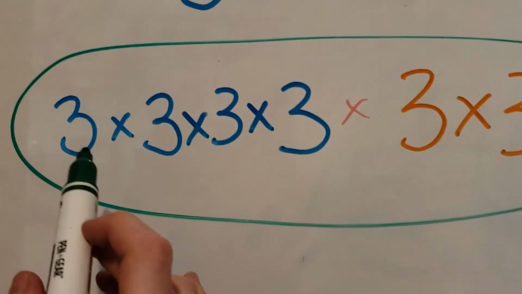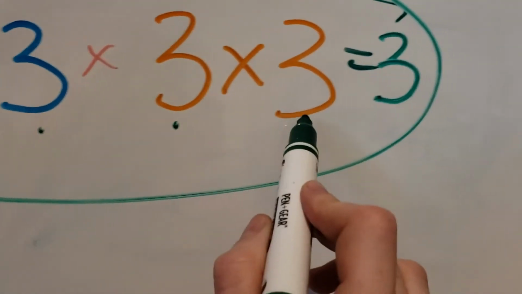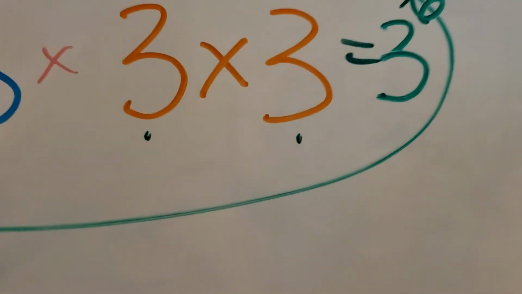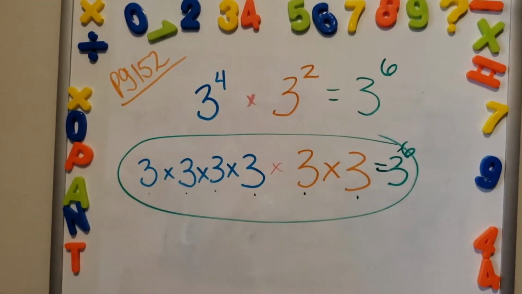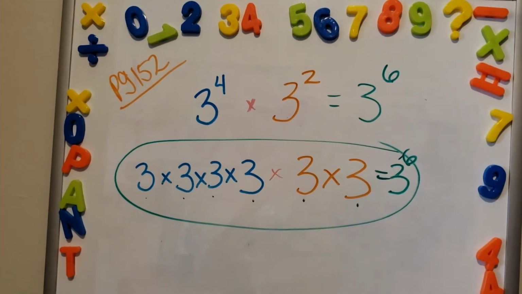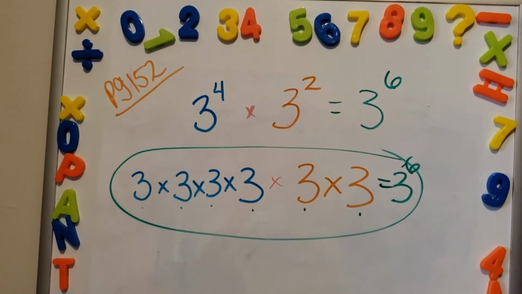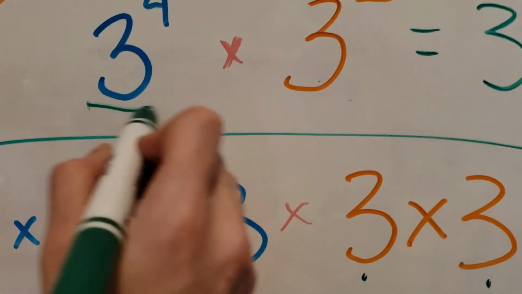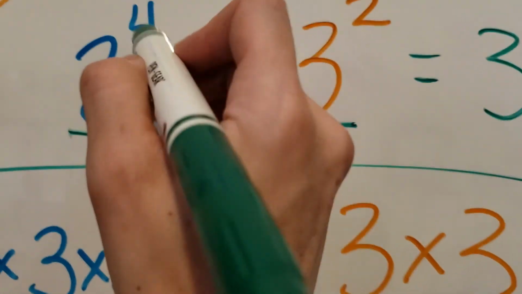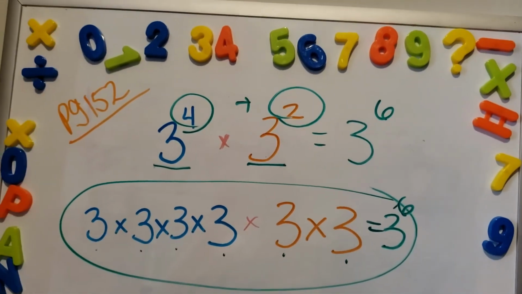So I'm multiplying it a total of 1, 2, 3, 4, 5, 6 times. So that's another way that you could come up with 3 to the 6th power. You could first write it as repeated multiplication and then figure it out by adding them up. Or you could simply say, well, if they have the same base, which these ones do, I know right away all I have to do is add the exponents to figure out my new power.